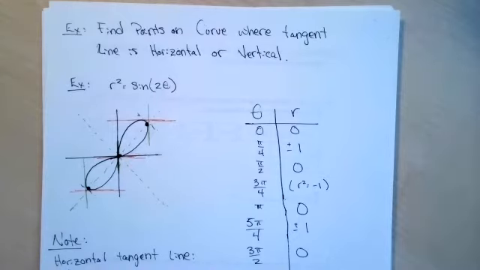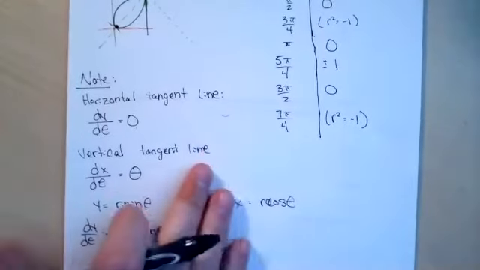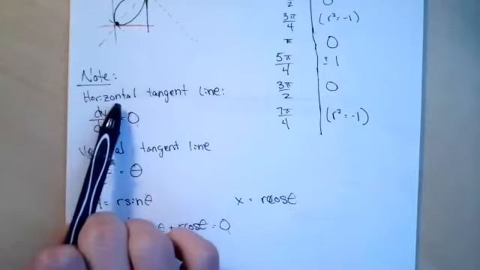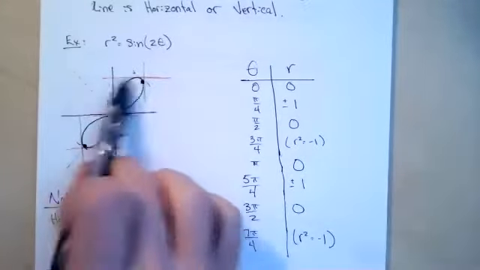So we've got our graph of r squared equals sine of 2 theta. Now our goal is to find the horizontal or vertical tangent lines. Just like with parametrizations, what is a horizontal tangent line?